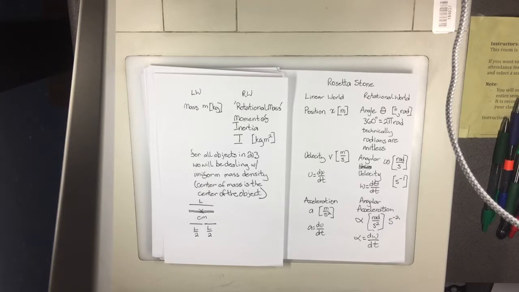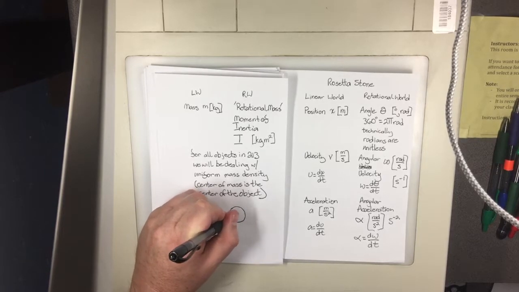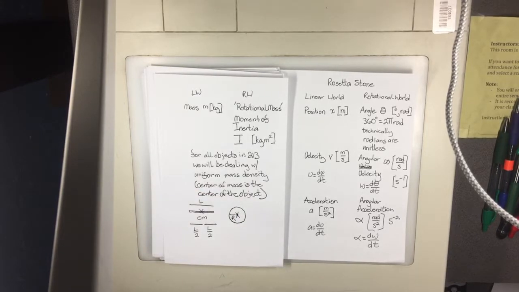In 211, I would make the mass non-uniform and then let them do calculus, but since I'm not allowed to use calculus in this course, we can't do that. If you have a disk, that center of mass is dead smack in the middle of that disk. And so you can do it that way.